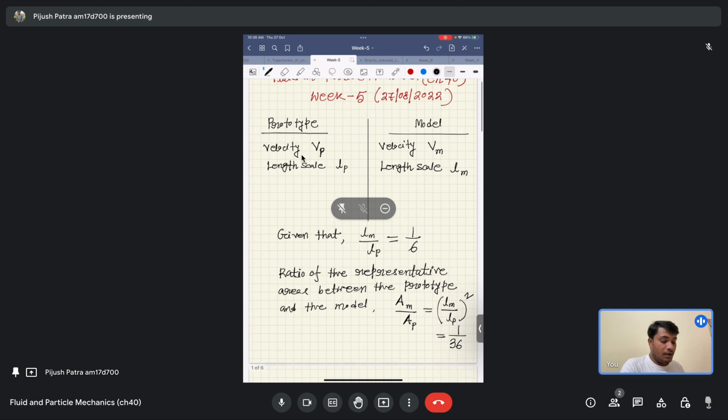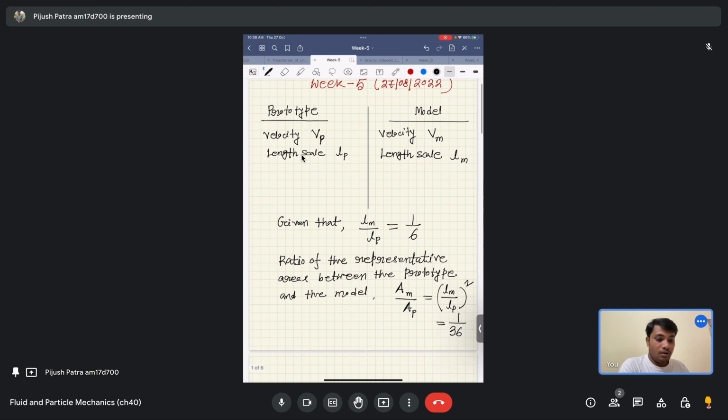Now let's go to the problem. So here I wrote the required part. Okay. So as you can see that I have the model and the prototype. So this has to be geometrically similar, kinematically similar, as well as dynamically similar. Okay.